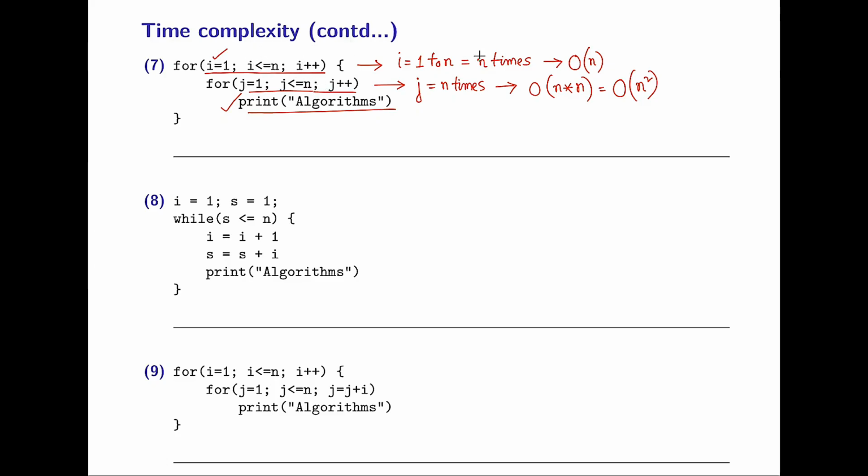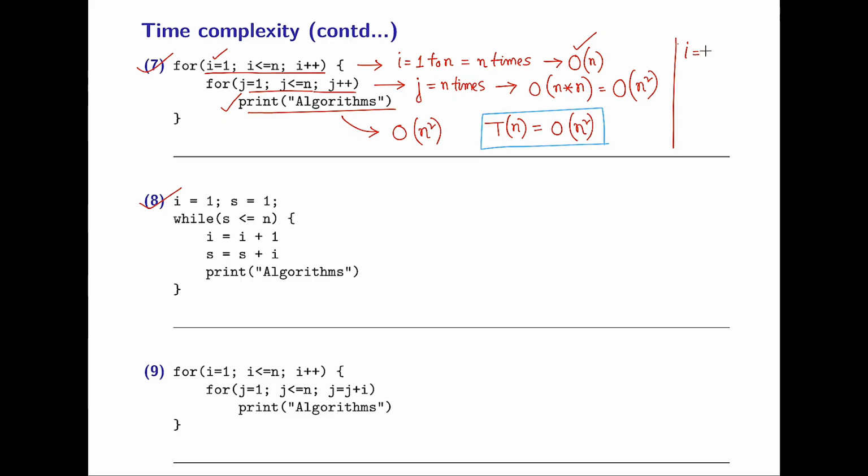So when i is going to run n times in total, this innermost loop is going to run big O of n square times. So how many times is this statement inside the innermost loop going to execute? This is big O of n square. So if I want to find out time complexity now, then T(n) will be equal to big O of n square.